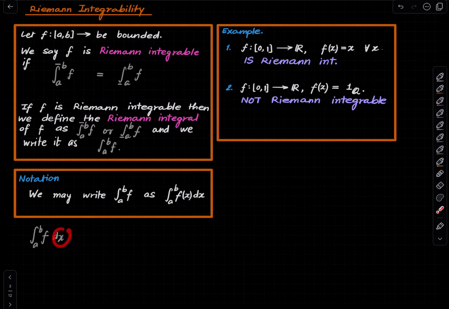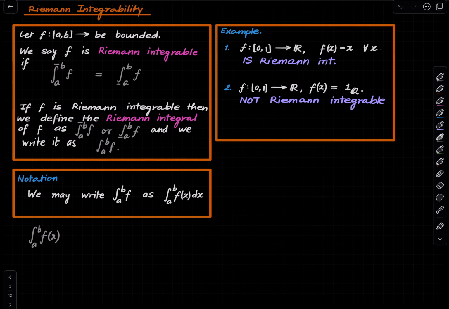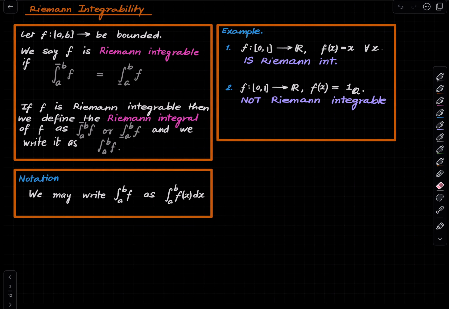What is dx? Here, at least x is a dummy variable, but here it doesn't make any sense. Also, what doesn't make sense is this. If you just write this much, what is this? Anyway, all right, so let's move on.